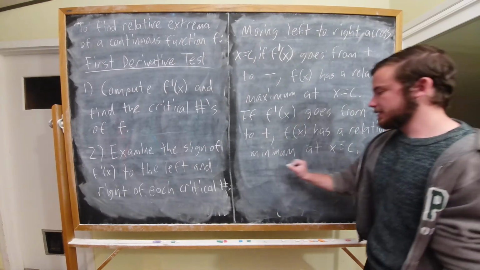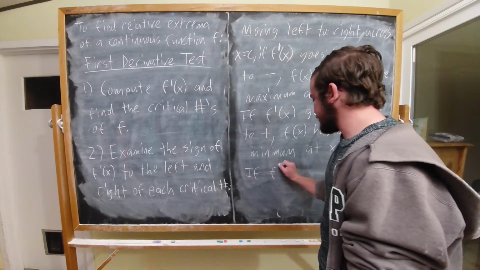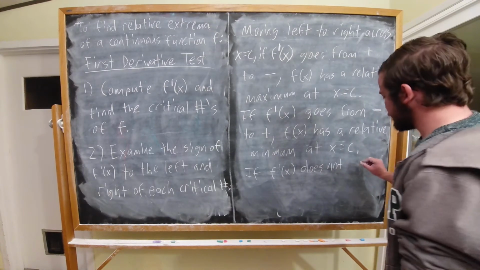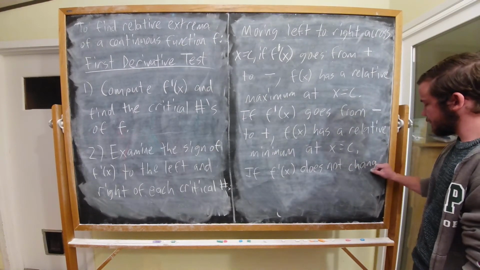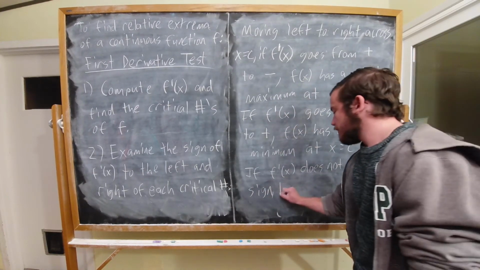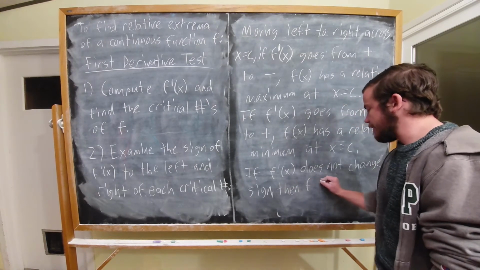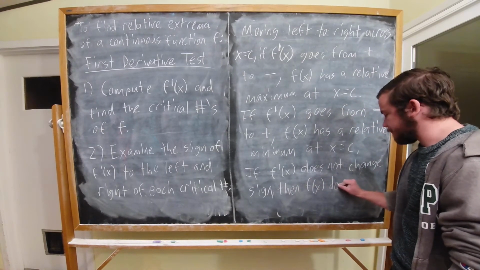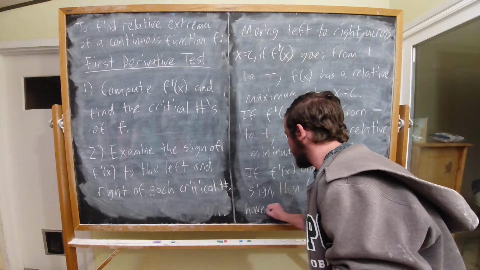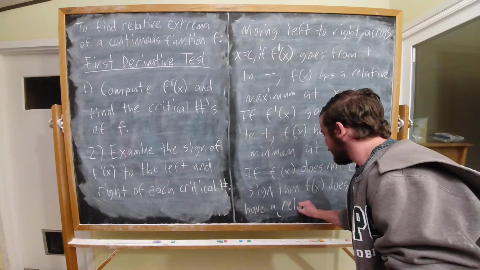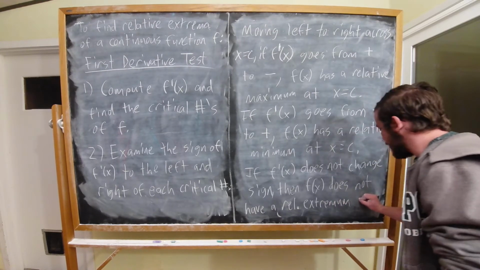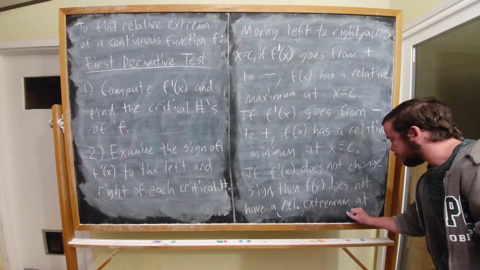And then the third case, if f prime of x does not change sign, so it goes from positive to positive or negative to negative, then f of x does not have a relative extrema or extremum at x is equal to c.